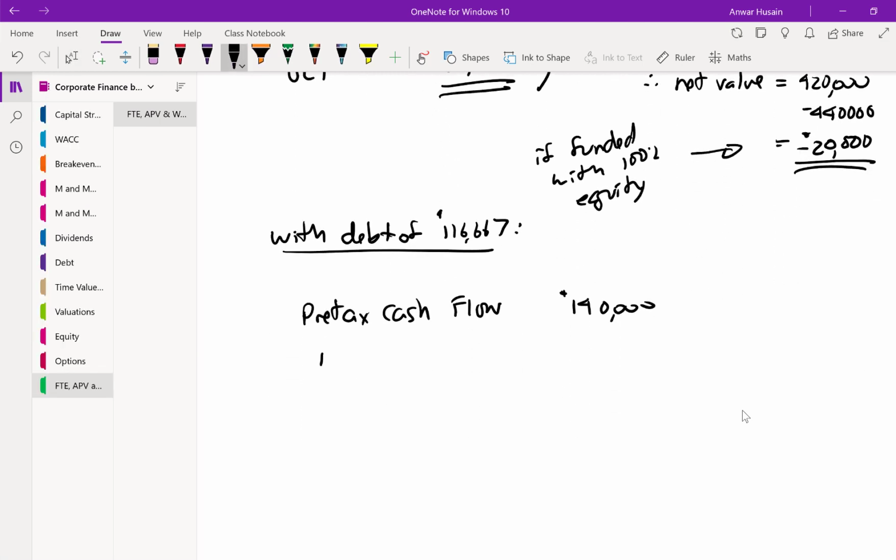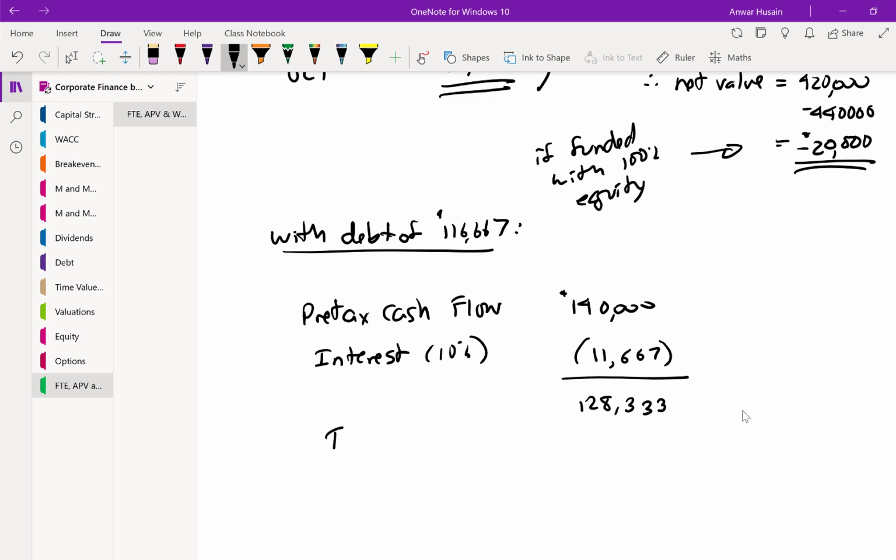And now we're going to take out interest. And this is 10% of the debt. The debt was 116,667, so the interest is going to be 11,667. And that leaves us with a subtotal of 128,333.